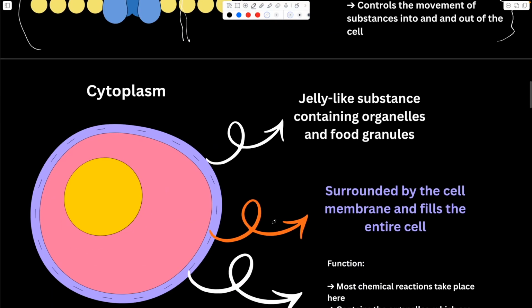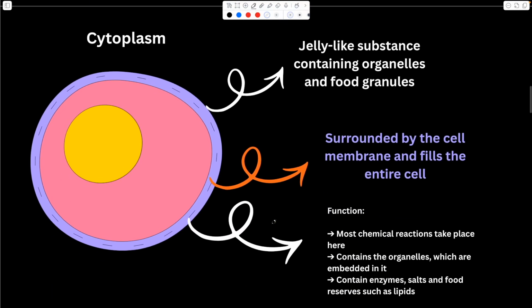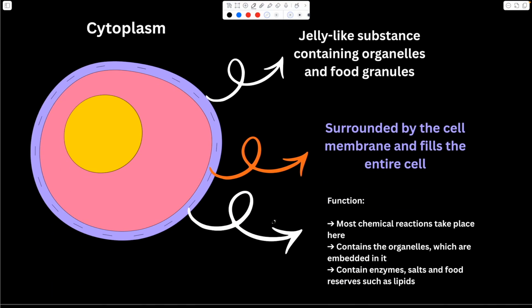We have cytoplasm. Cytoplasm is basically a jelly. This portion is known as the cytoplasm. Cytoplasm is a jelly-like substance where all the chemical reactions of the body take place. It contains organelles.